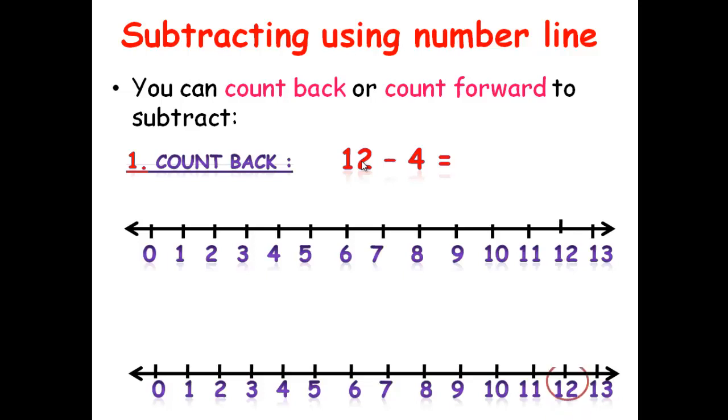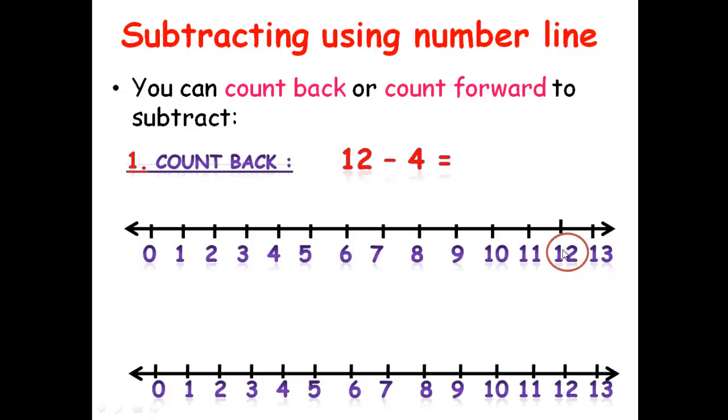Very good, it's 12. So I will put a circle on the 12 on the number line, like this. And then I'm going to count backward. How many times am I going to count backward? I'm going to count back 4 times.